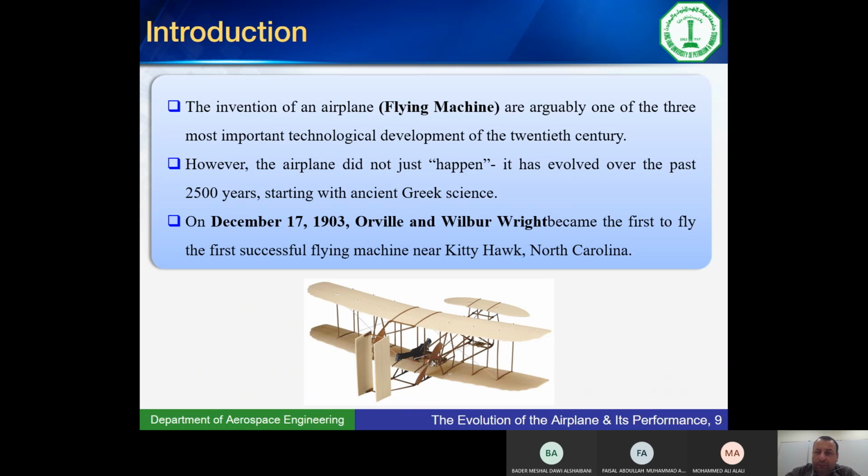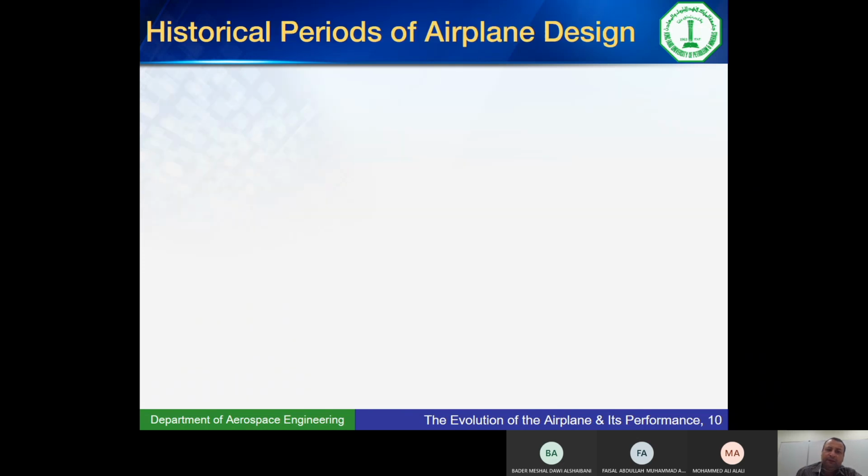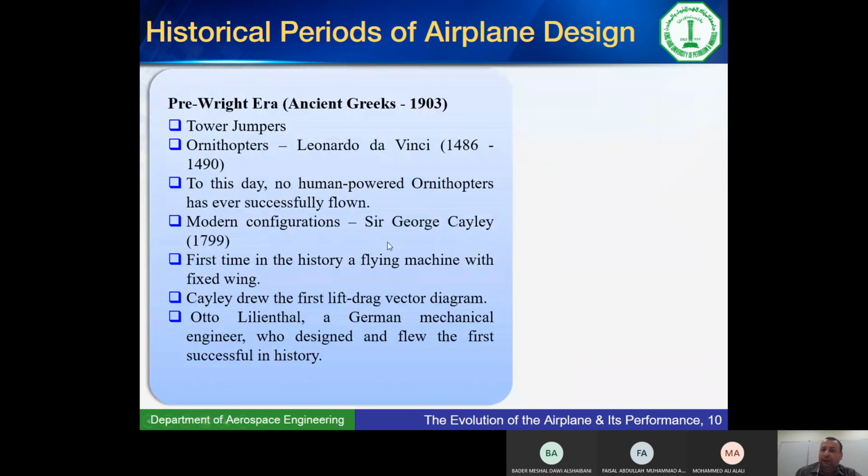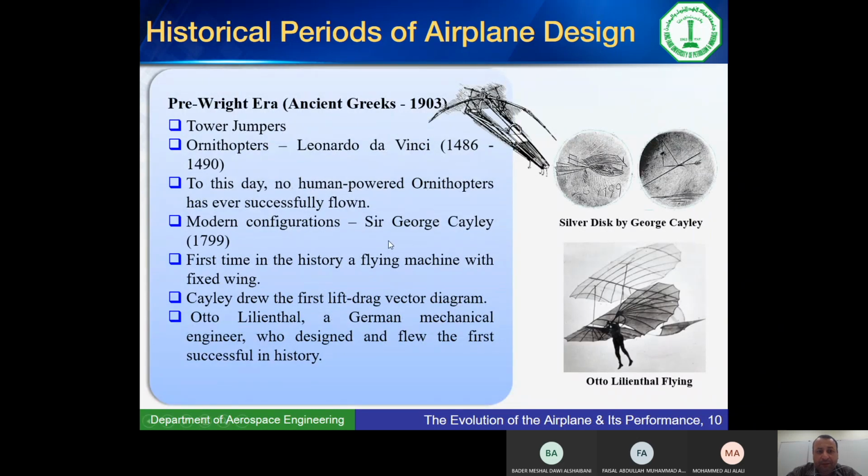We call these ornithopters. They failed miserably. No ornithopter worked actually, like the one of Leonardo da Vinci. They tried to have gliders like the one by Sir George Cayley or by Otto Lilienthal. All of these failed. These were not aircraft. They were flying objects, but they were not aircraft.